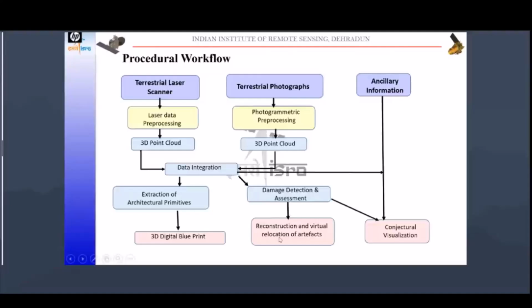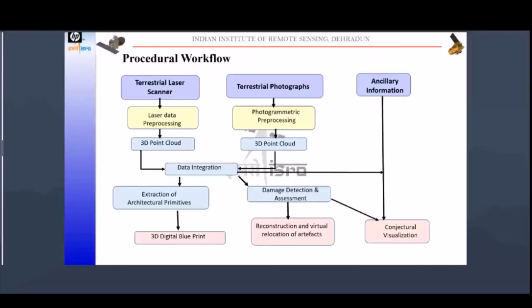Reconstruction and virtual relocations could be done of artifacts, of entire buildings, etc. These were also showcased in yesterday's presentation. And by combining all the information together with ancillary data or archival information that we may have, a conjectural visualization may be done to see how it must have been in ancient times when it was not damaged.